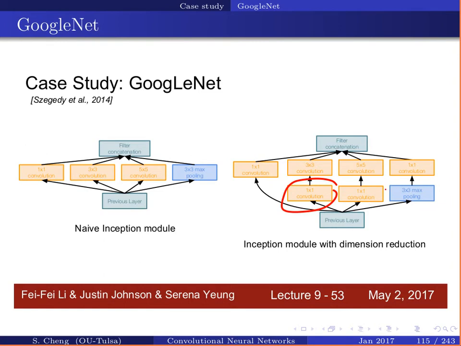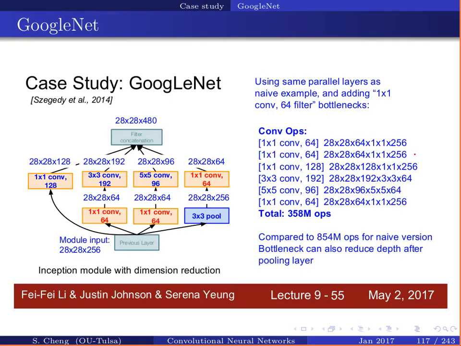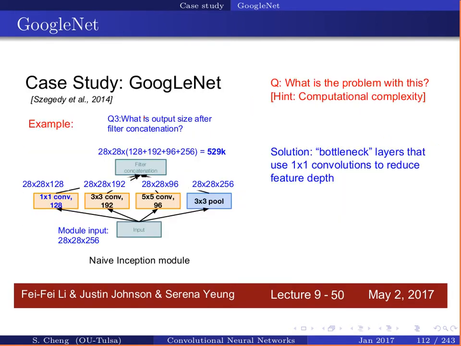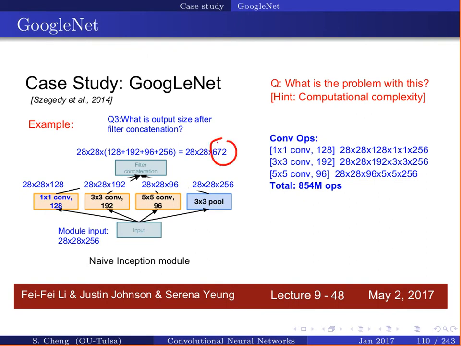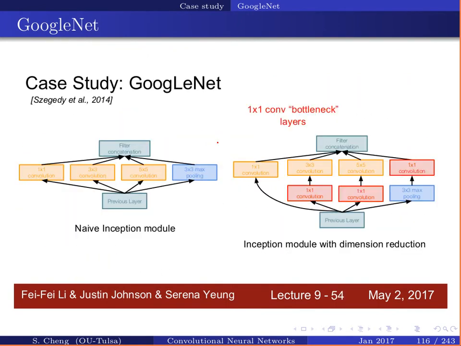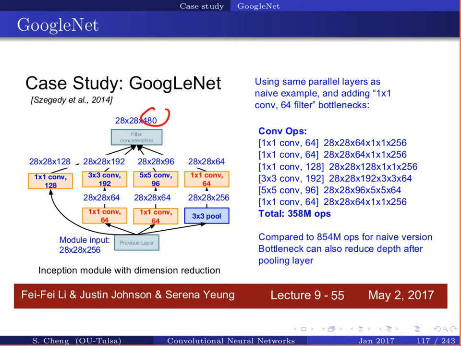And after the max pooling, you can also do a 1 by 1 to further compress your output. By doing this, you can reduce the output size from depth of 672 compressed to let's say 480, something like that.